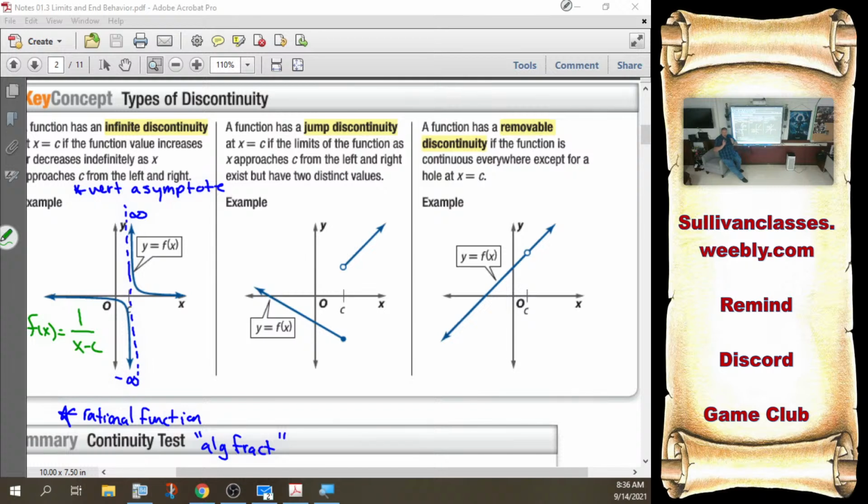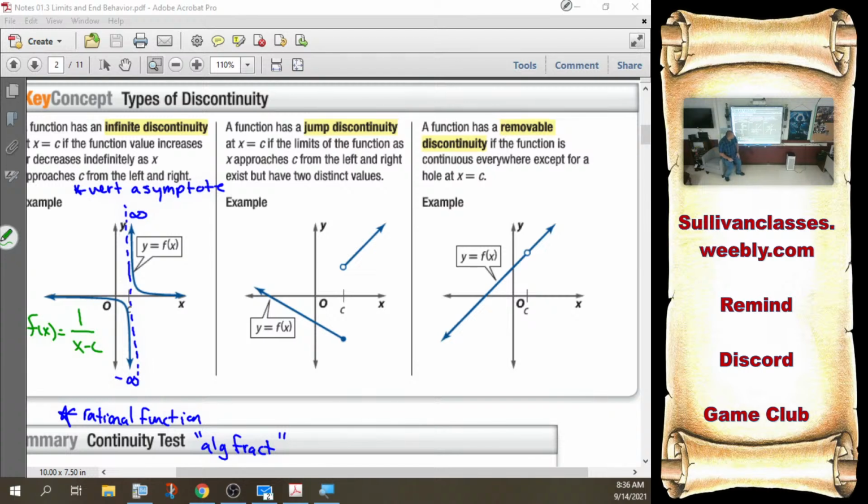Remember transformations? Left, right, up, down. I move backwards land, grouped in with x, c to the right. X cannot equal c. So there's a vertical asymptote at c. Okay? That is infinite discontinuity. Infinite discontinuity is the invisible force field wall that your graph cannot go through. So instead it's going to shoot up to infinity or negative infinity. So that's why it's infinite discontinuity.